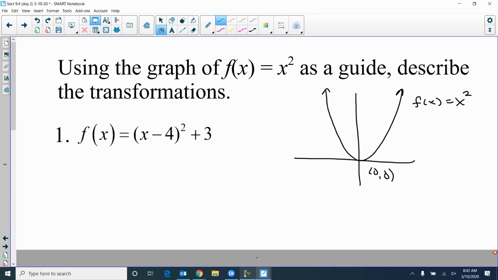Michael Carney, any ideas how would you describe the transformation? Not sure yet? Not sure. All right, so what are we looking at? Emily Niedermeyer, any ideas?